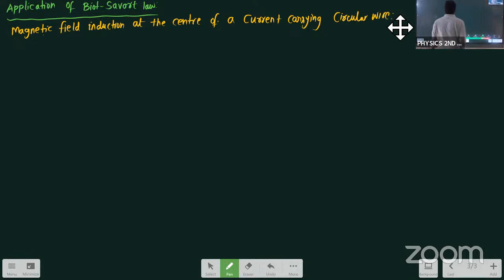So let us see this important application of Biot-Savart law.